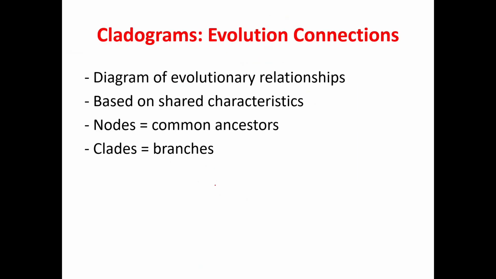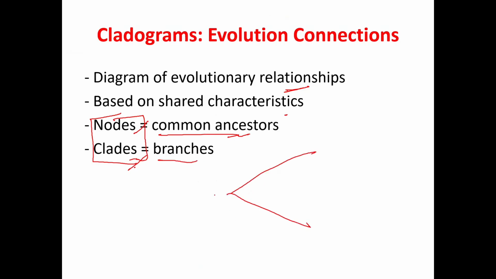Come on, the cladogram's evolution connection. Basically it is a diagram of evolutionary relationships based on some shared characteristics. In a cladogram, nodes and clades are very important. Nodes are for the common ancestor and clades are branches. So let's assume this is one species.